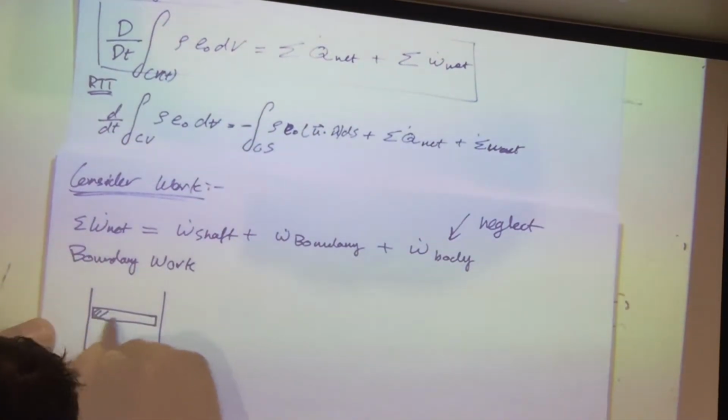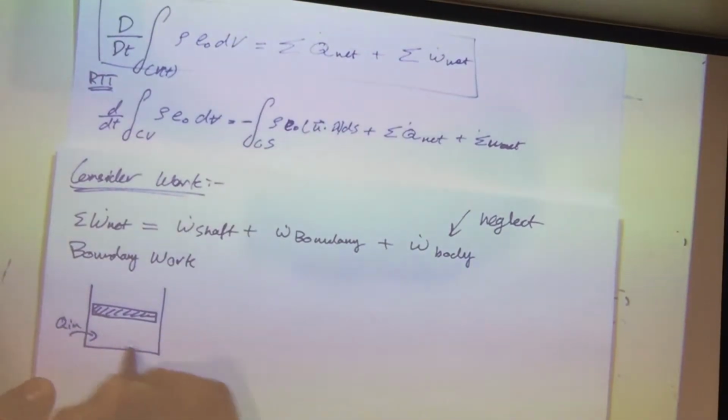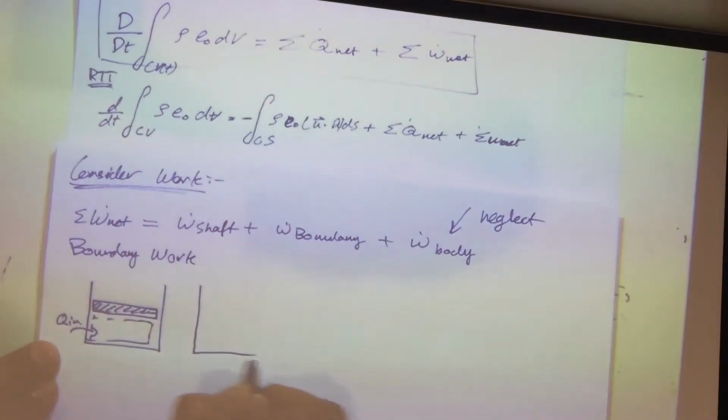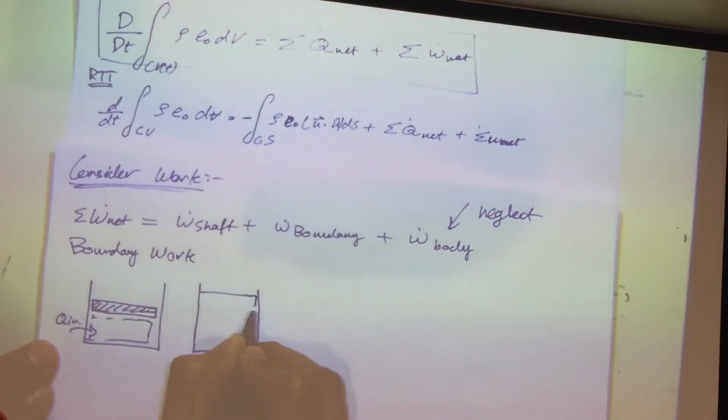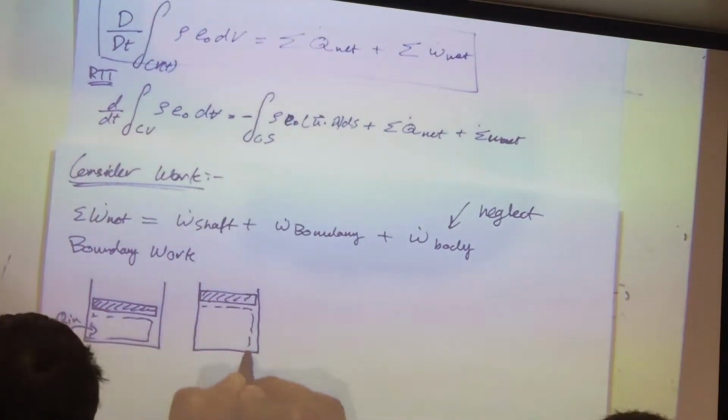I have some boundary here. I add Q in to my control volume. What's going to happen? The gas is going to expand, the piston is going to move up, and I get boundary work.